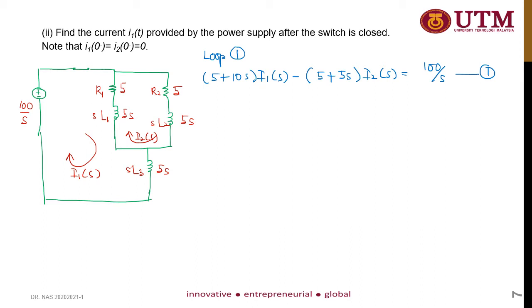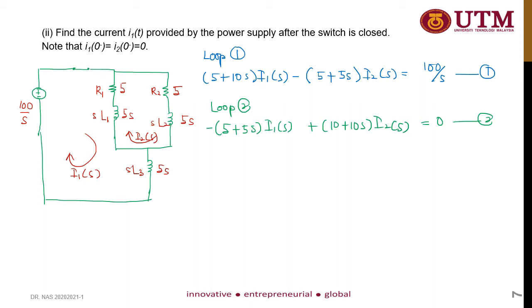So next look at the right hand side, so loop 2. So you have negative (5 plus 5s) I1(s) plus (10 plus 10s) I2(s) equal to 0. So this is equation 2.